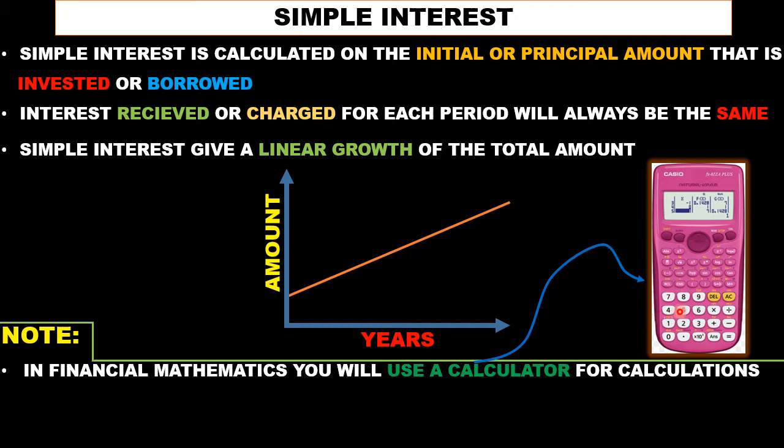So a learner without a calculator but doing financial mathematics is like a bird without feathers and wings. You can't do financial mathematics without the calculator. Therefore, you should become a friend of your calculator, and please be acquainted with it, because when you write the final examination, you mustn't be a stranger to your calculator. You must be a friend to your calculator.